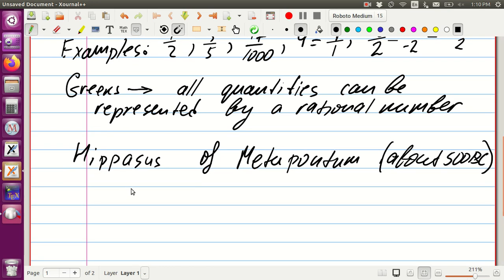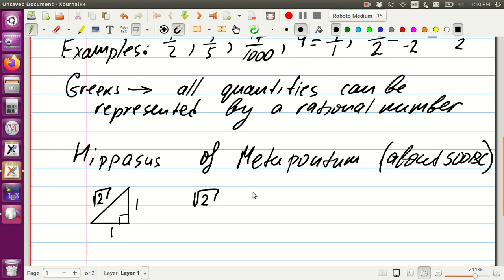He built the following triangle. He put the length of 1 over here, length 1, and he connected this triangle like this to build the right triangle of sides 1 and 1. We will talk about it later in the semester, that this side will be square root of 2.